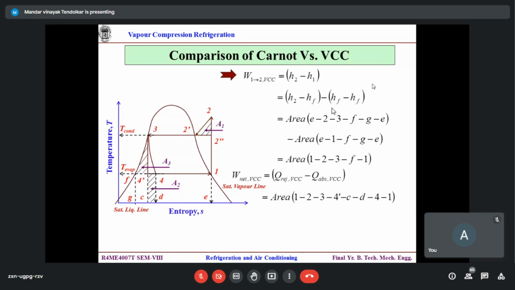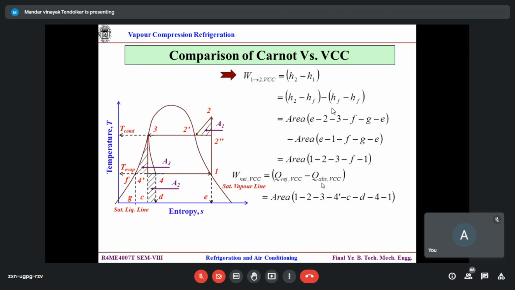Correct? And work done is related to Q rejected and Q absorbed. This is a cycle. Cyclic integral of work is cyclic integral of heat transfer. Delta U is 0. First law: Q minus W, delta U is equal to 0.